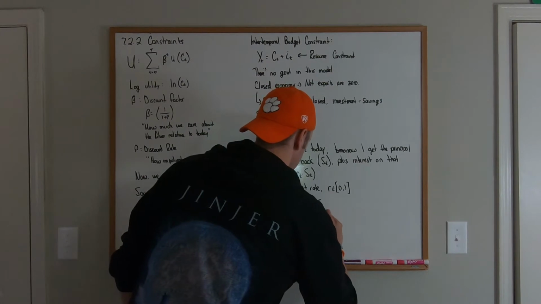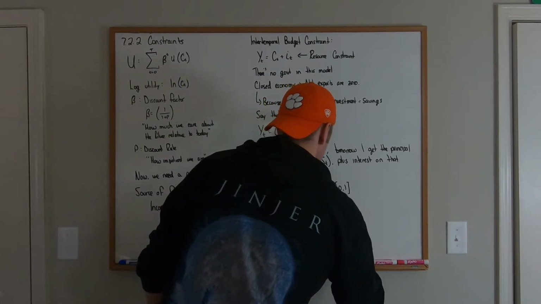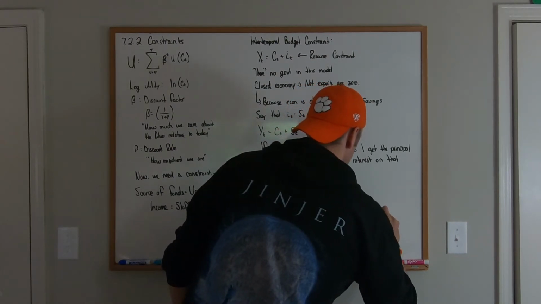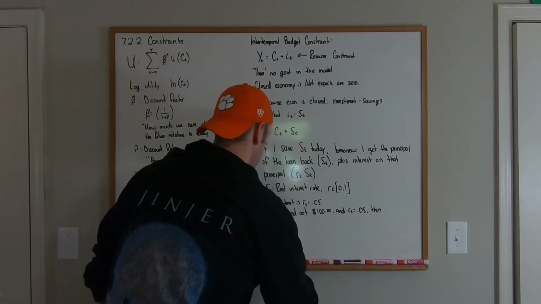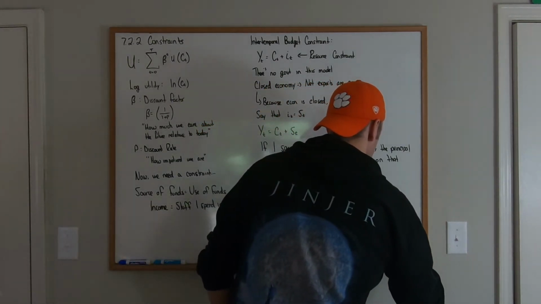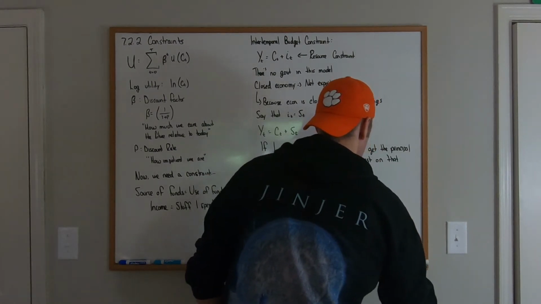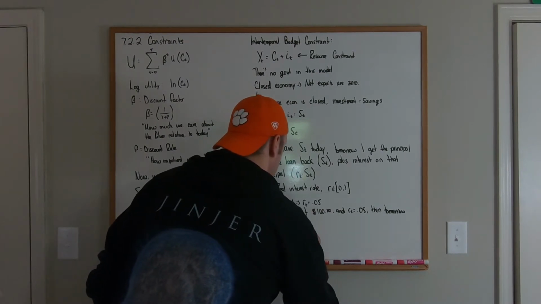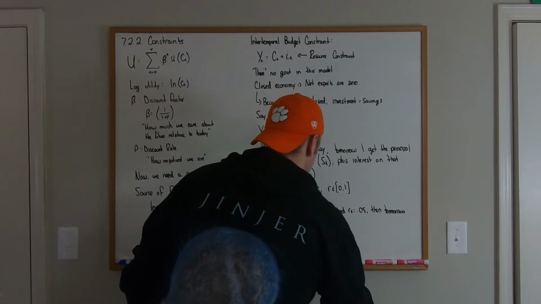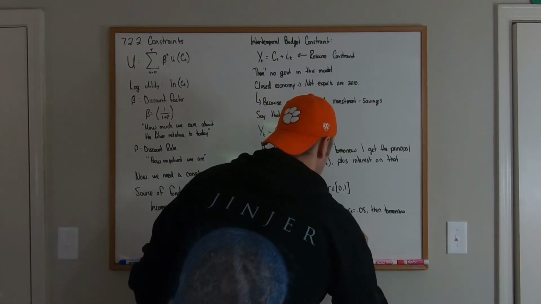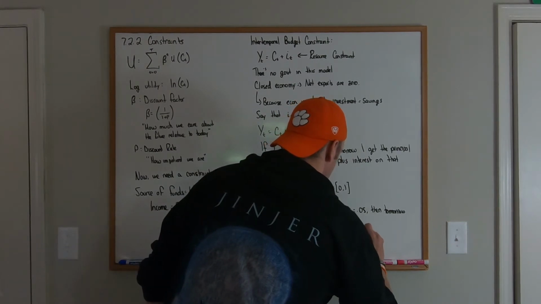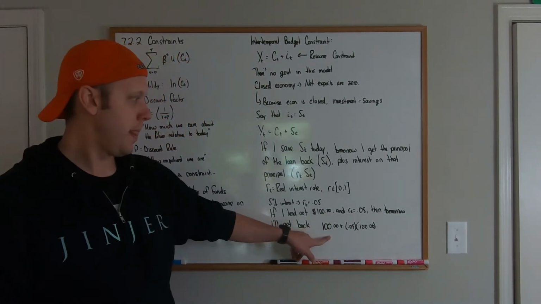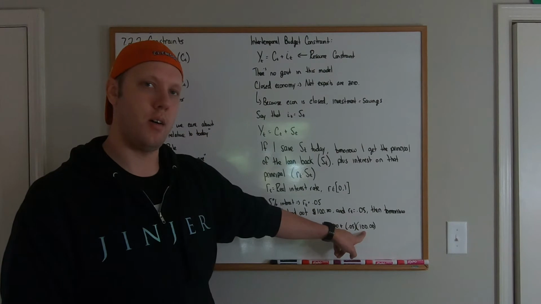So if I lend out $100 and the interest rate is 5%, then tomorrow what I'll get back is my principal, $100, plus the interest rate times what I lent out.